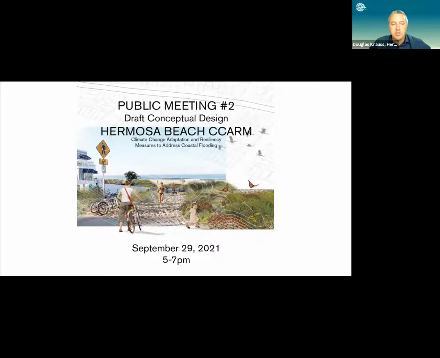There will be other opportunities, and when this is all said and done, we're hoping to have some concepts, some designs that do incorporate the community's feedback, so that moving forward, when we try to turn these into realities, it's a much smoother run for us. And the idea of climate change and adaptation is already in people's heads. So with that, again, we look forward to all comments and feedback, and thank you.